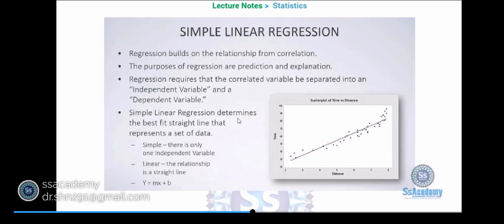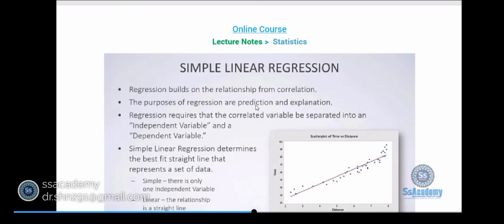Simple linear regression determines the best fit straight line that represents a set of data. Simple, there is only one independent variable. Linear, the relationship is a straight line, y equals mx plus b. No need, but the linear regression is a prediction.